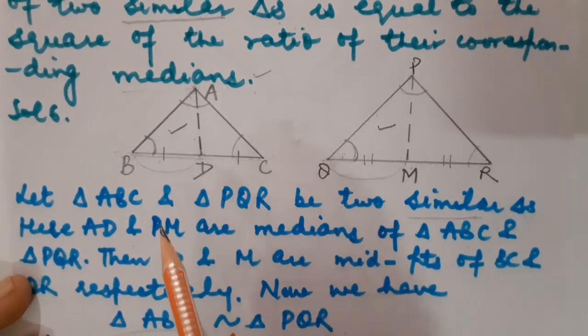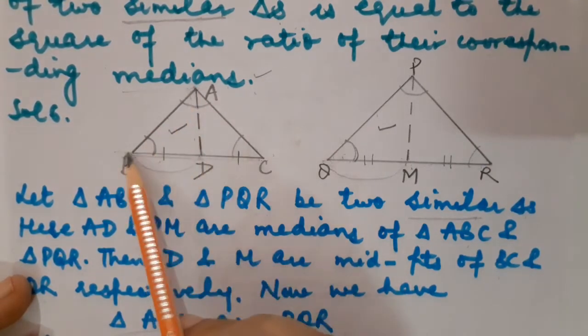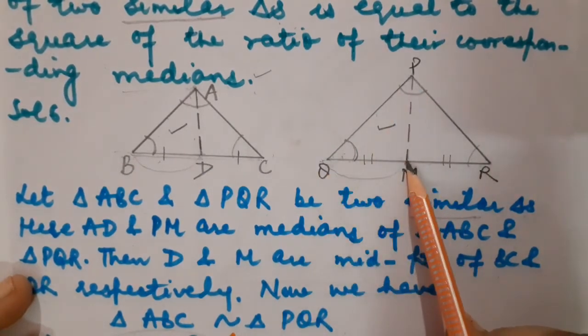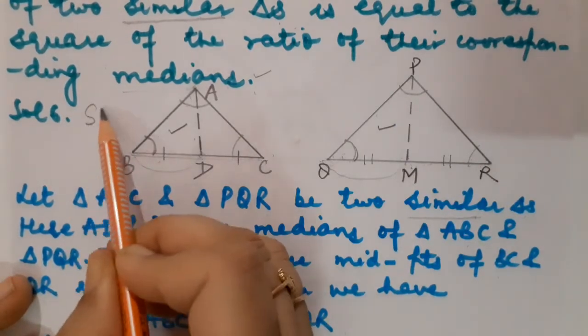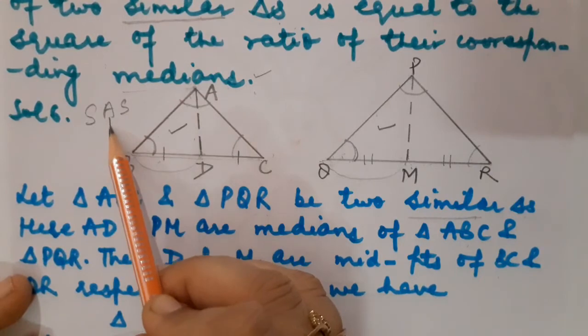So children, can you judge which criteria I am going to apply now, so that I can prove that triangle ABD and triangle PQM are similar to each other? Correct. This is criteria SAS, because I have to take the included angle in that.